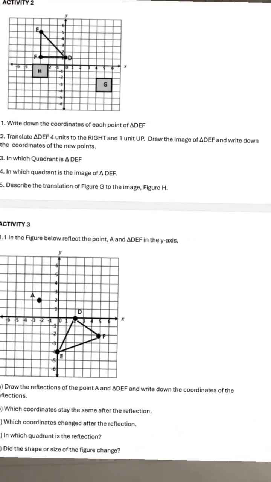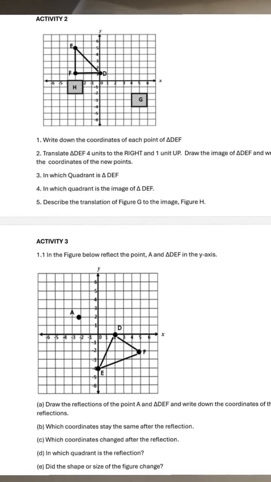We need to describe the translation of figure G to the image H. So we look at G and ask ourselves, what happened to G in order for it to be located in the position of H? If we look at G and H, we can see that these are the same. G and H have the same size and the same shape. There has been no change of size or change of shape.